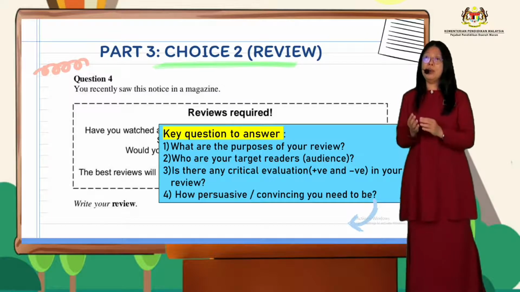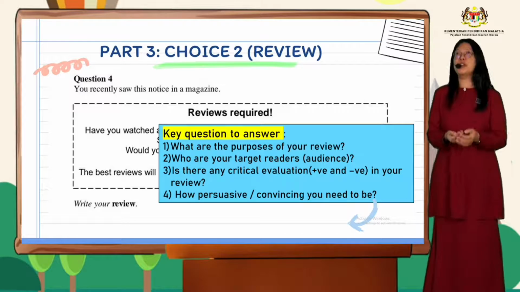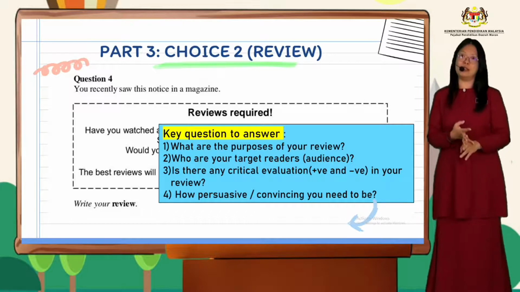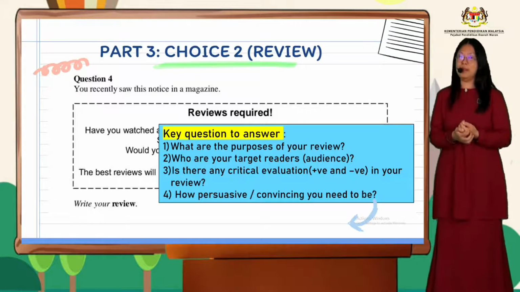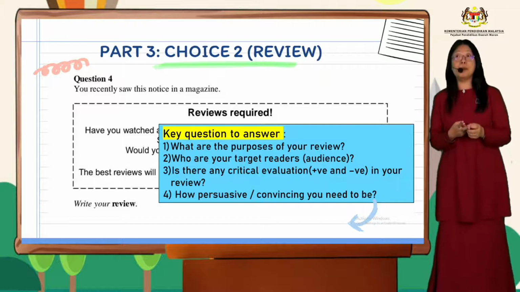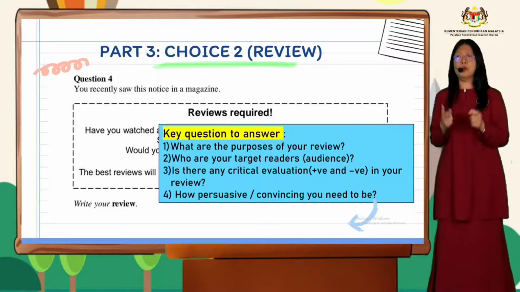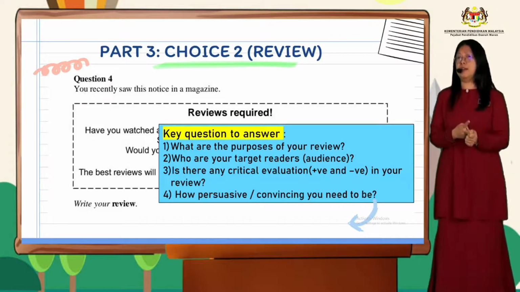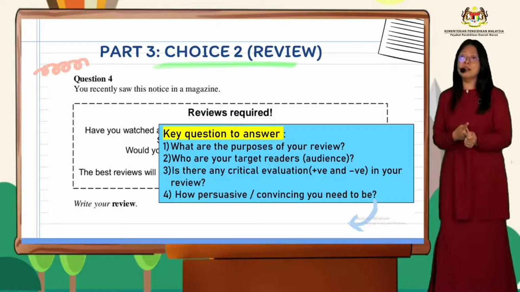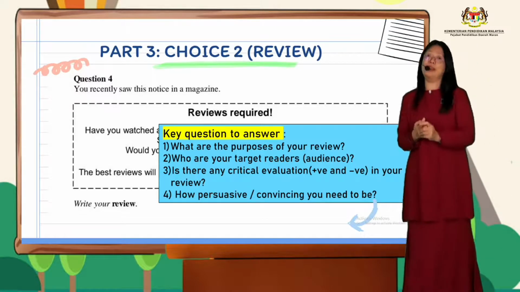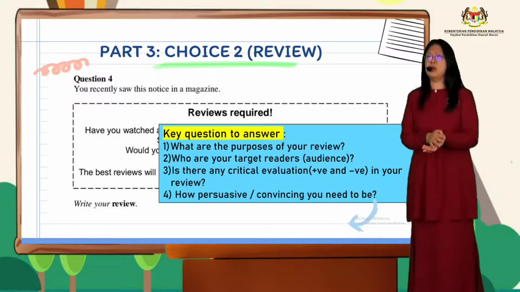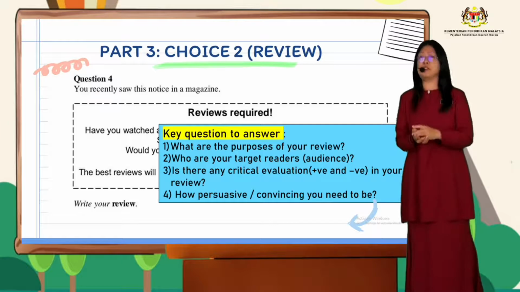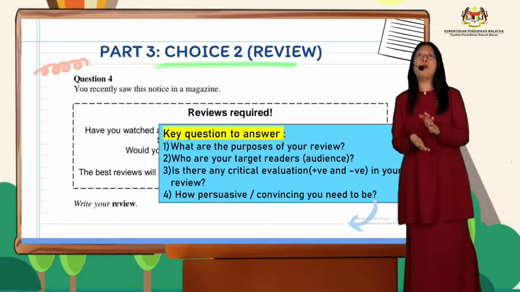We can give ratings, 3 stars, 4 stars. So purpose can be more than one: to inform your reader, to persuade, to convince your reader, you must buy this product. Or you can also evaluate the item. It's good but not too good. It can only get 3 stars. That is for purpose.